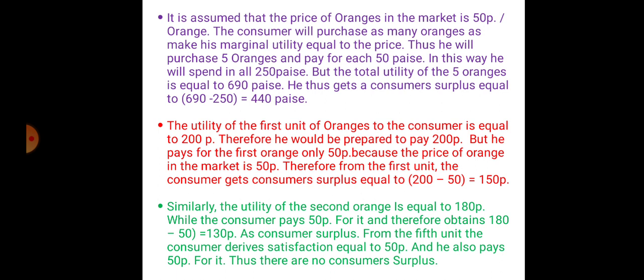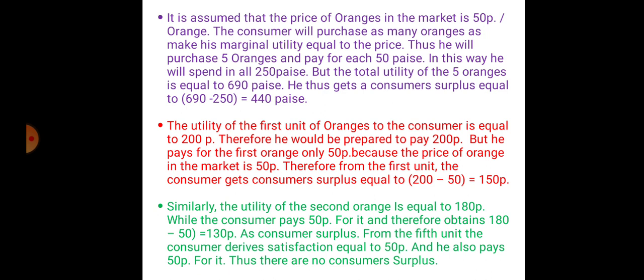Hence he will purchase 5 oranges and pay 50 paise for each. In this way, he will spend in all 250 paise, but the total utility of 5 oranges is equal to 690 paise. He thus gets a consumer surplus equal to 690 minus 250, that is 440 paise.